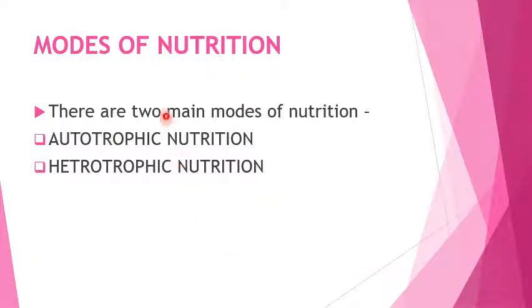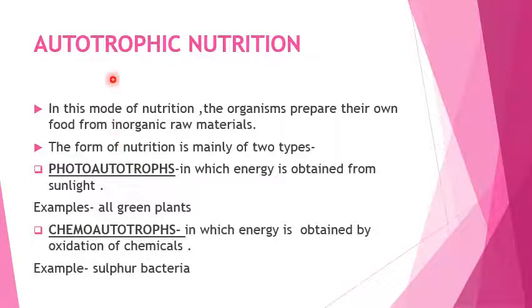Modes of nutrition: there are two modes of nutrition, that is autotrophic and heterotrophic. Autotrophic means self. In autotrophic nutrition, the organism prepares its own food, means synthesizes its own food from inorganic raw material.